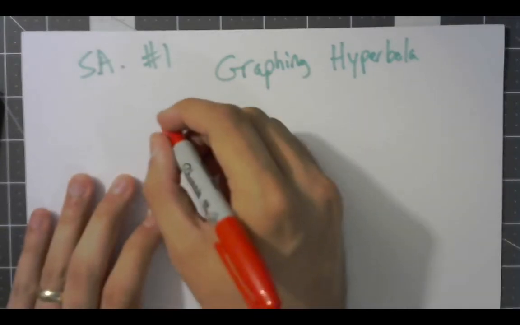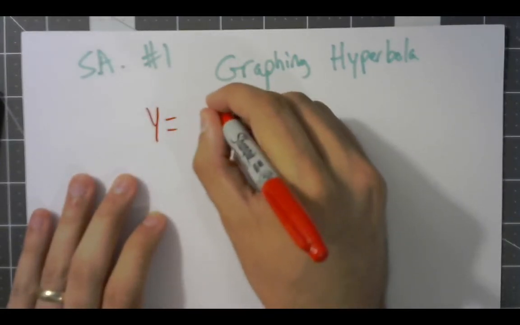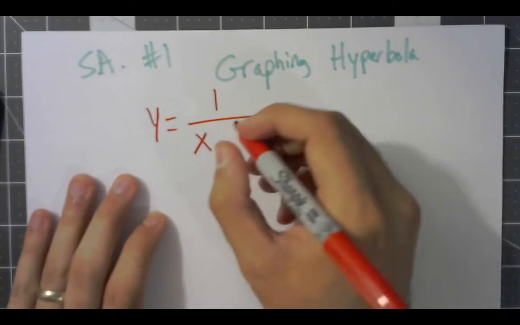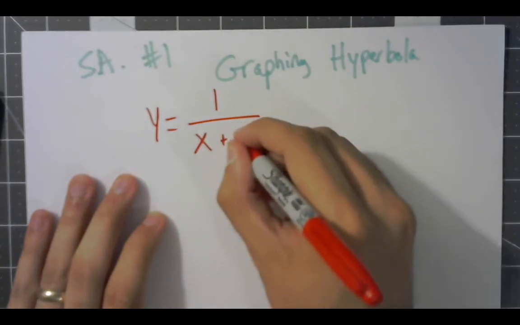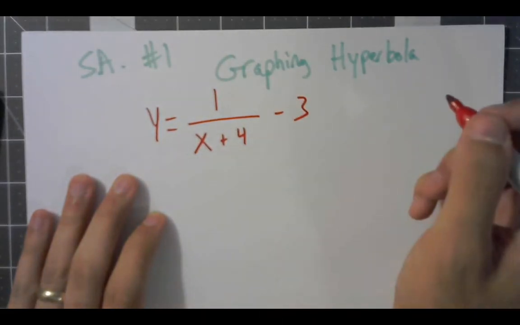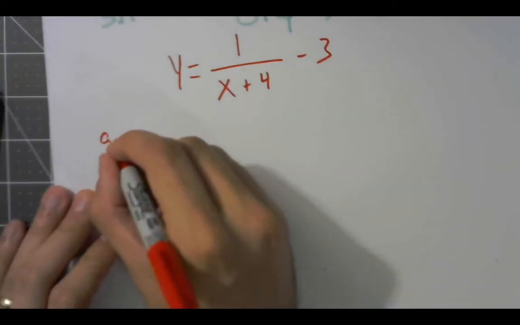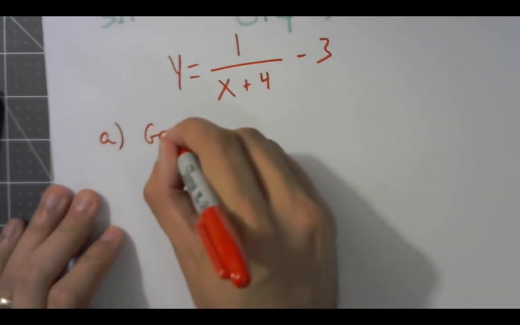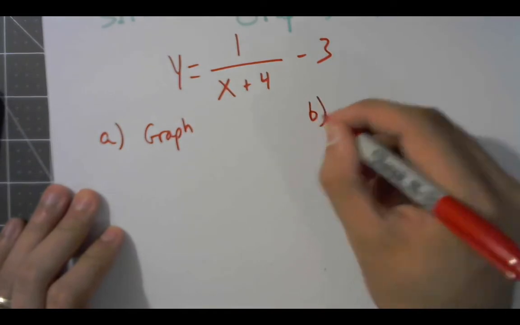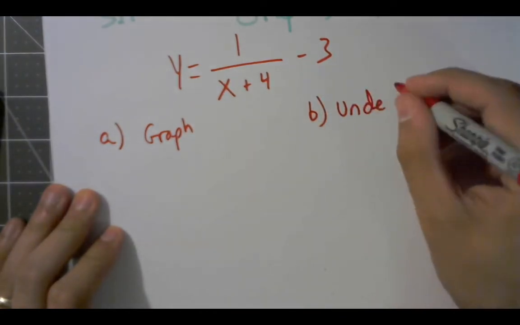Graphing hyperbolas. So we have something like y equals 1 over x plus 4, minus 3. I want a couple things. I'm going to graph it. I'm going to talk about where it's undefined.